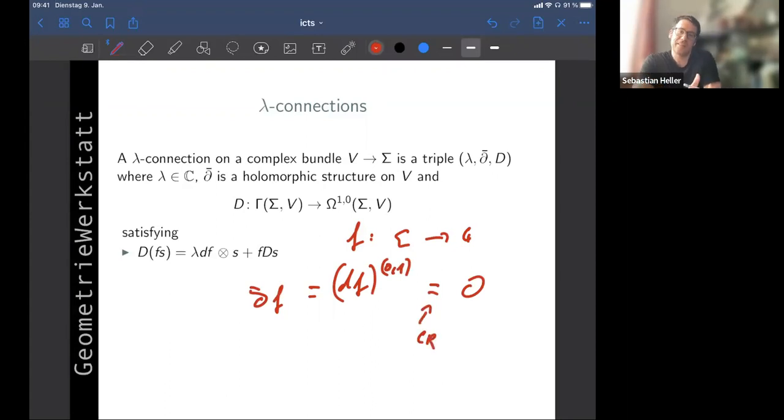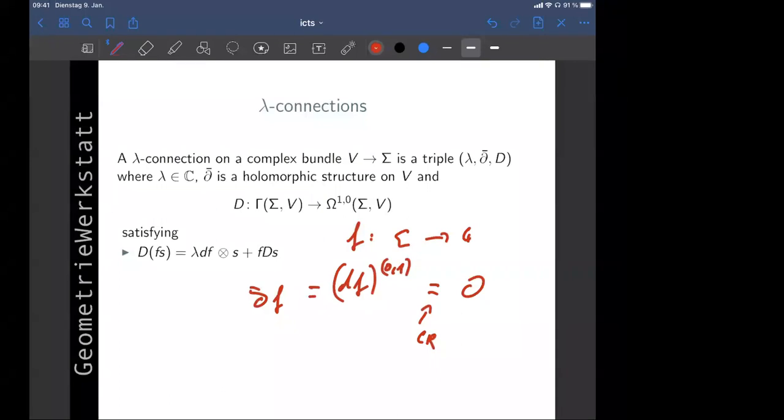So in that sense, it's a natural notion because it's just the generalization of the Cauchy-Riemann differential operator. It's one half of the ordinary differential, or on vector bundles and on curved spaces, it's one half of an ordinary connection.